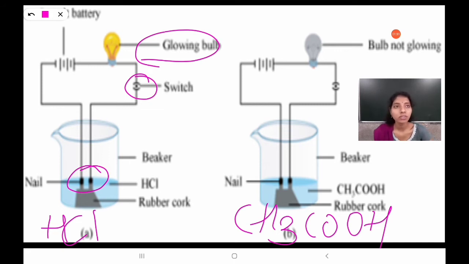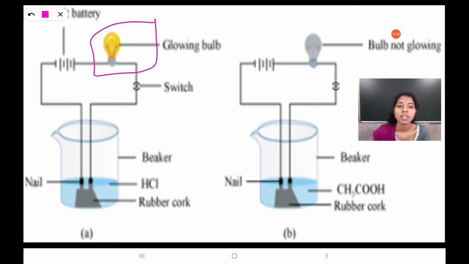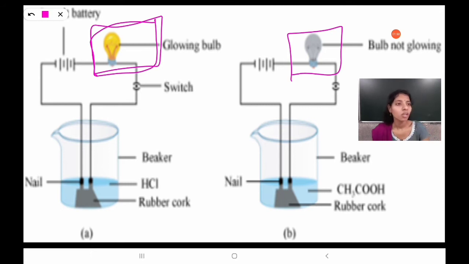They will observe the glowing of bulb. You can observe here the beaker A containing solution glows, the bulb is glowing, and the acetic acid solution containing beaker, the bulb is not glowing. Why is it happening here?